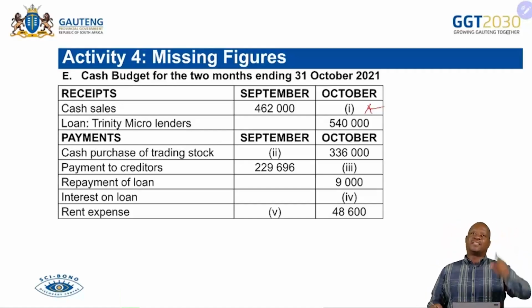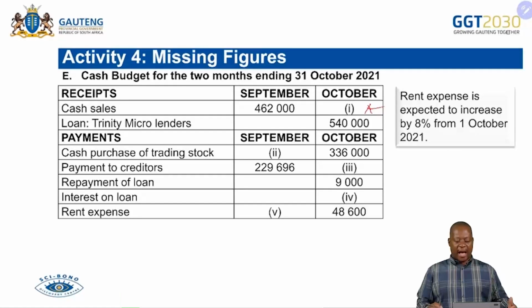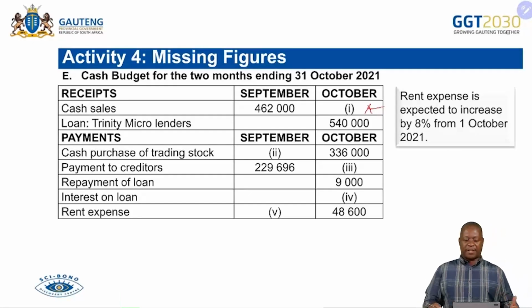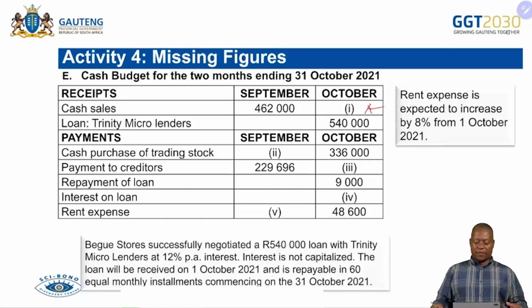We are given the sales for October. We are told what percentage is cash sales. So what are we waiting for? This is one of the easiest that we are expected to be able to calculate. Now, let's do it this way. Let's use the information that we are given so that we can be in a position to find what we are looking for before maybe we get to the order that the information is.